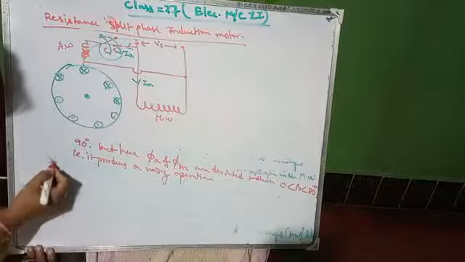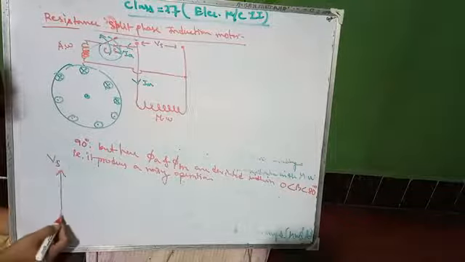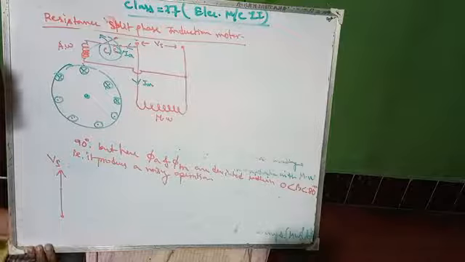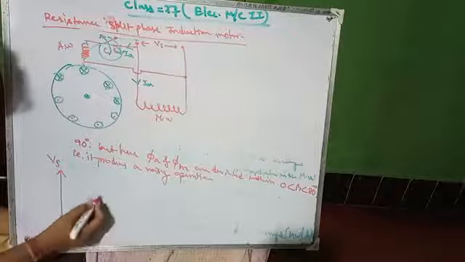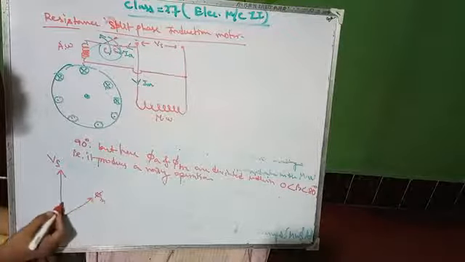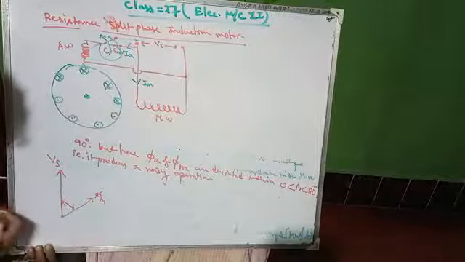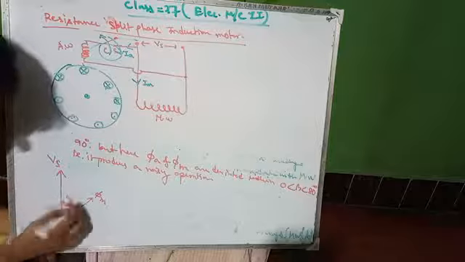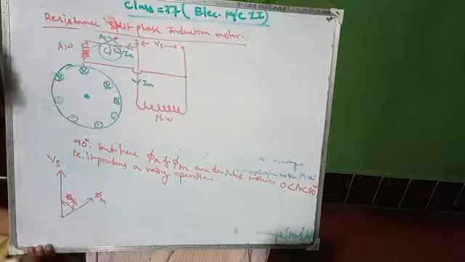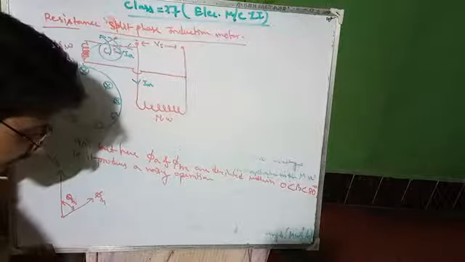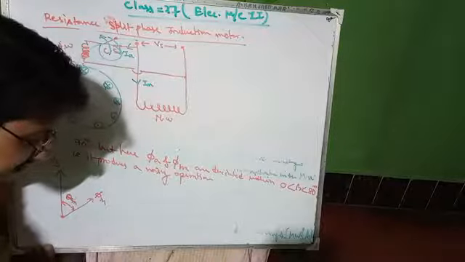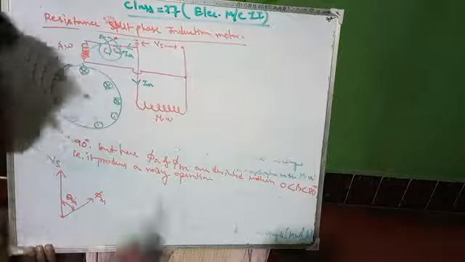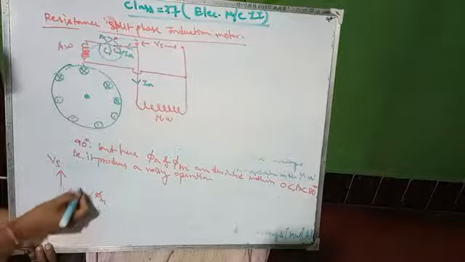So let us consider V1, or Vs, the supply voltage. From the supply voltage, the main winding flux phi M is always lagging in nature. This angle we take as theta m. And phi A, having more resistance and less reactance, will lead phi M by some angle.